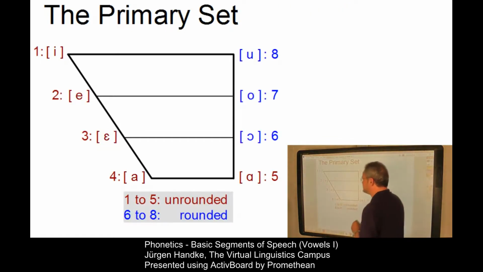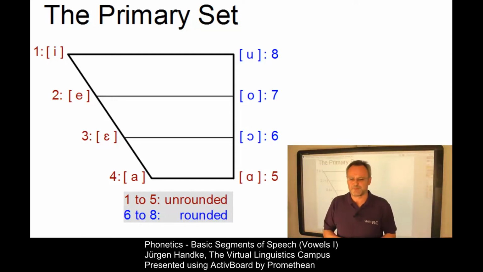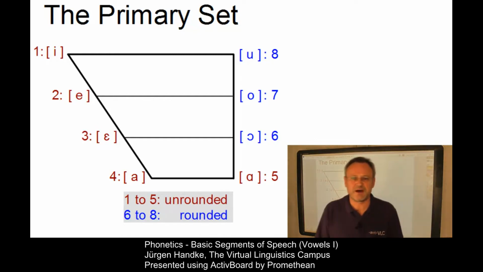Here is the primary set of cardinal vowels. Cardinals number 1 to 5 are produced with spread lips. Here they are.